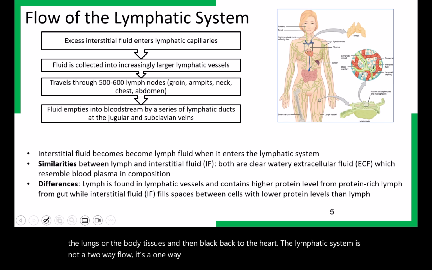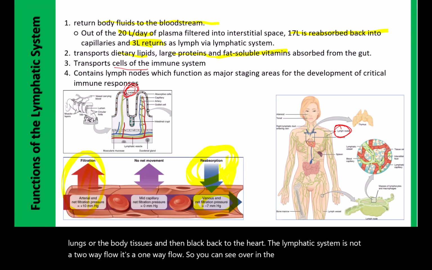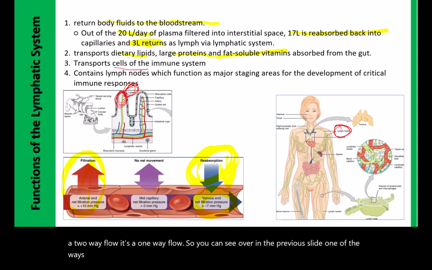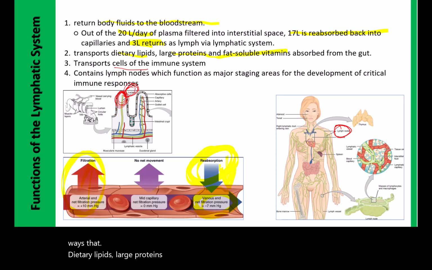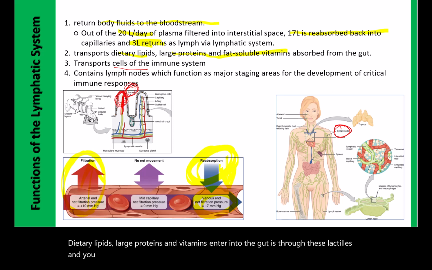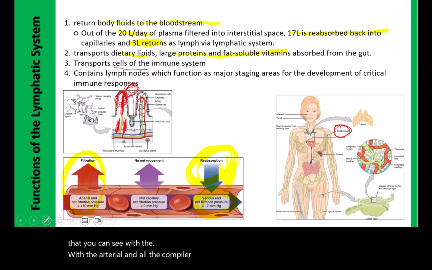In the previous slide, one of the ways that dietary lipids, large proteins, and vitamins enter from the gut is through these lacteals, and they're only one way. There's not a capillary bed with an arterial end and a venular end.